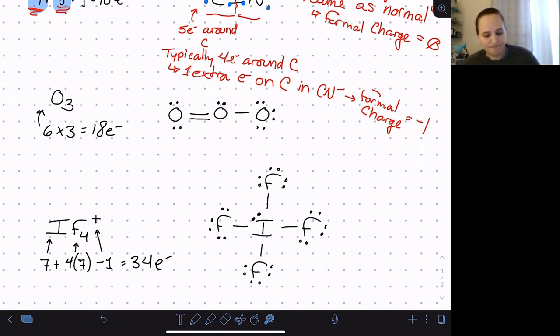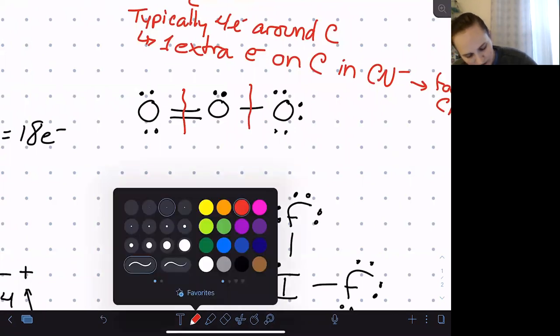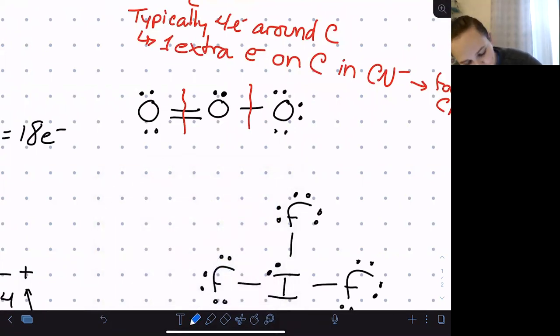So in ozone, we once again want to think about splitting our bonds down the middle, and what do we get? So if we split our bonds in half, we have a double bond on the left, so 2 electrons go to each of those atoms. We have a single bond on the right, so 1 electron goes to each of those atoms.